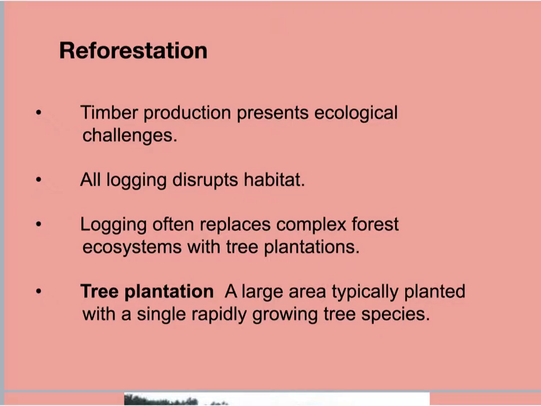Logging often replaces complex forest ecosystems with tree plantations. And tree plantations are a large area that's typically planted with a single rapidly growing tree species. When these tree plantations grow, these same-aged stands can easily be clear cut for commercial purposes, like making pulp or wood or whatever, and then replanted again.